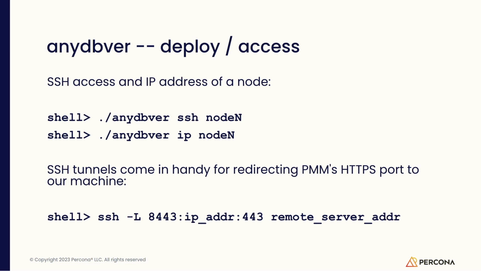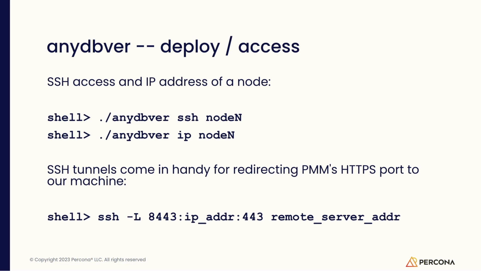It will use the IP address that is returned here, which is the IP address of the PMM client container. You can use any node, right? You can get the IP address of any node. Typically, I would use node 0, but it's not restricted to that. And then the remote server address, and I can access PMM in my browser, which is great.